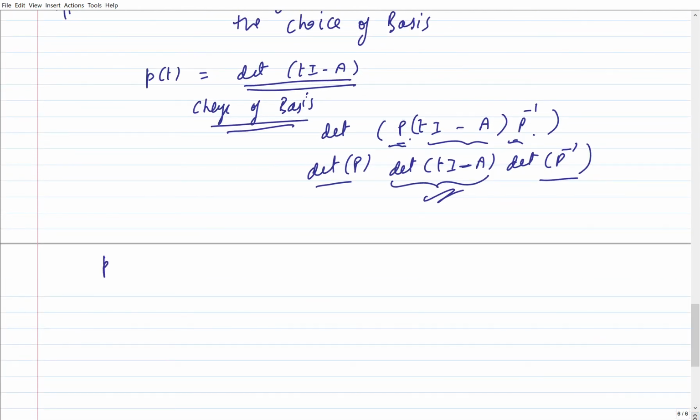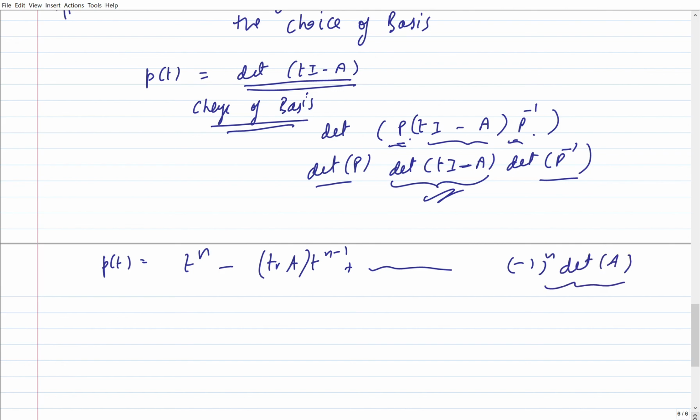Also, you can see when you expand, the characteristic polynomial is of the form t^n minus trace of A on the diagonal, t^(n minus 1), some terms, and then I have minus 1 to the power of n. The last coefficient is the determinant of A. You can expand and check. That's fundamentally what the polynomial is. And so you can essentially conclude that this polynomial is unchanged.